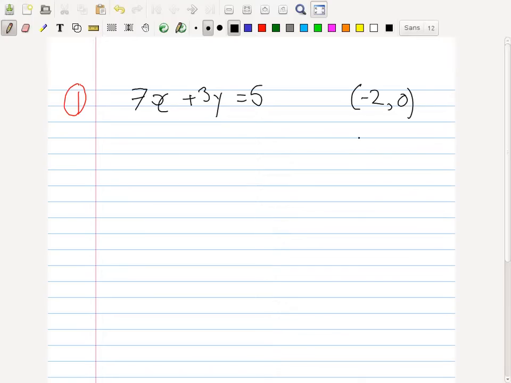So it's parallel to this. So what do I need to do with this first? Get the stuff, reorder it. Yeah, so you get 3y equals minus 7x plus 5.